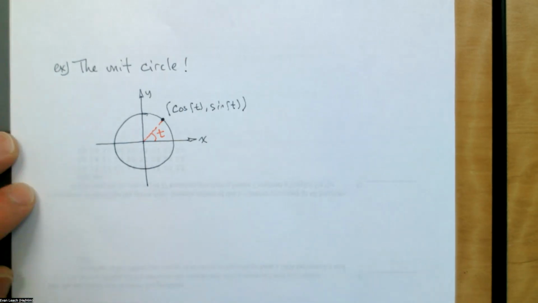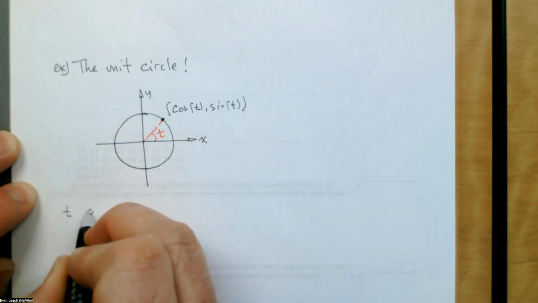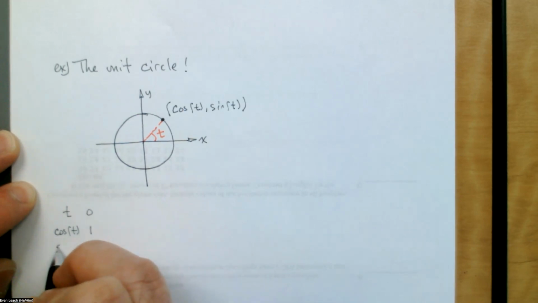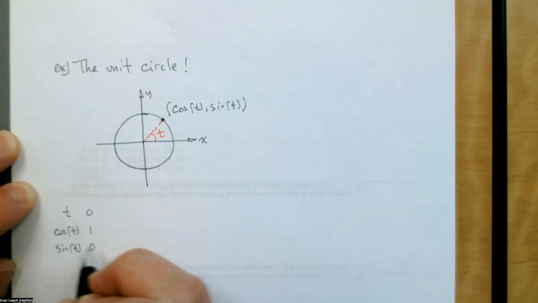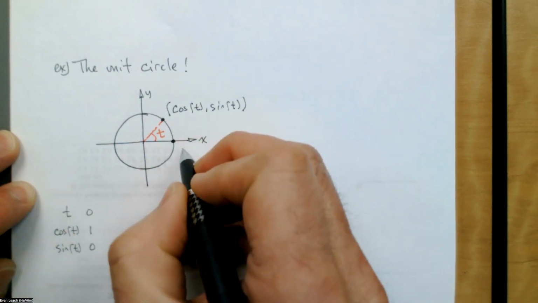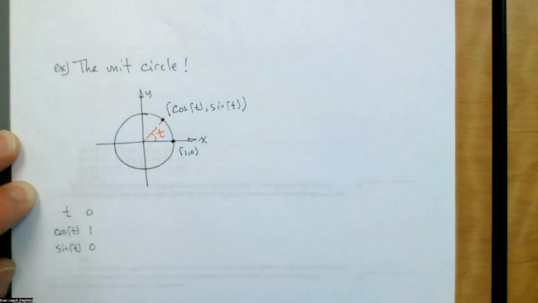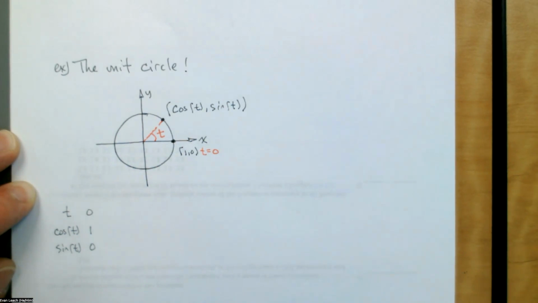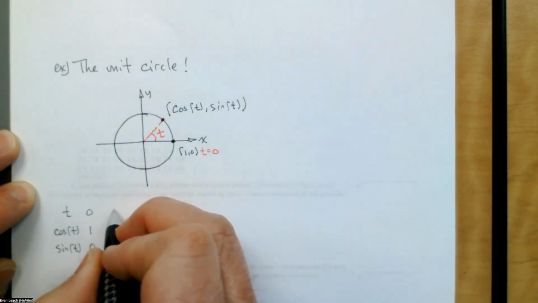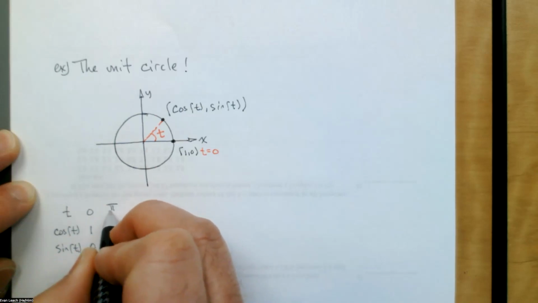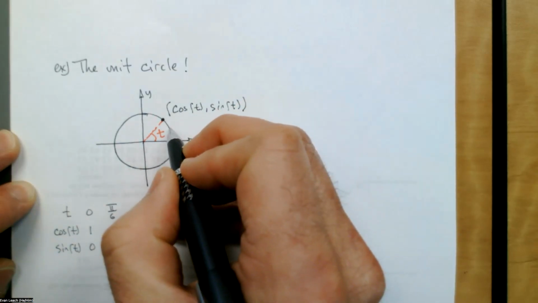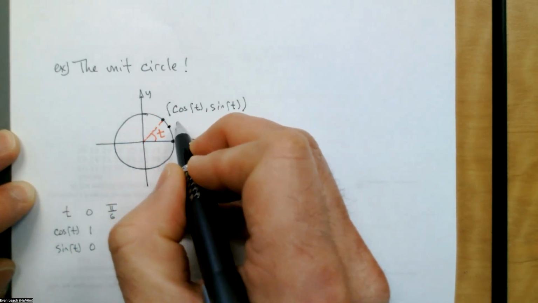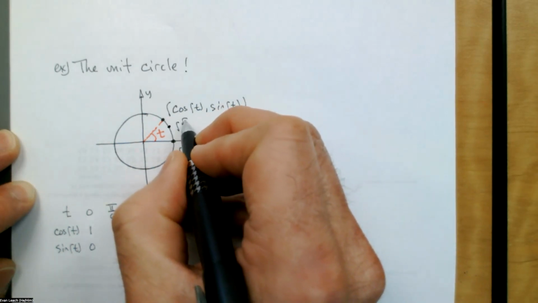So for various values of t, when t is 0, cosine of t is 1, and sine of t is 0. That corresponds to this point. We get 1, 0 when t is equal to 0. When t is equal to pi over 6, the x-coordinate is root 3 over 2.